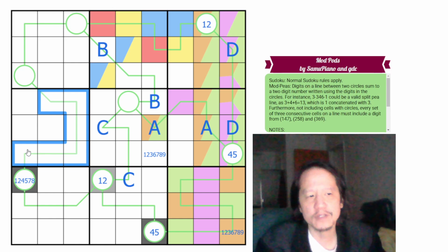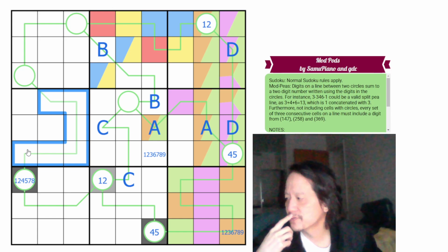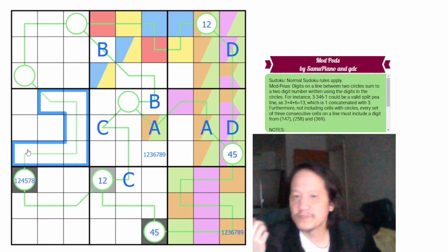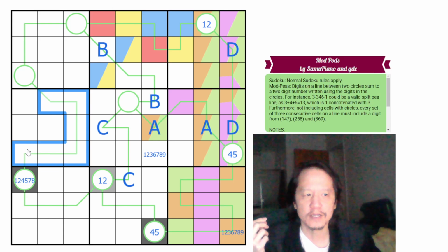So this is a, how do you say it? A known fact, I guess, about things that are divisible by 3. Anything that's divisible by 3, the digits must add up to 0 mod 3 if it's divisible.